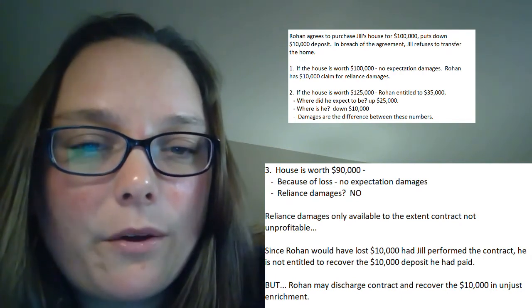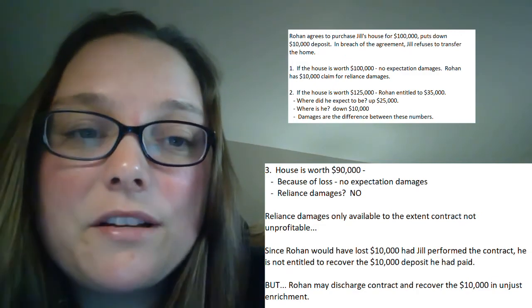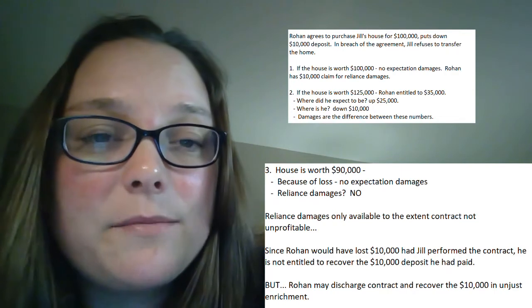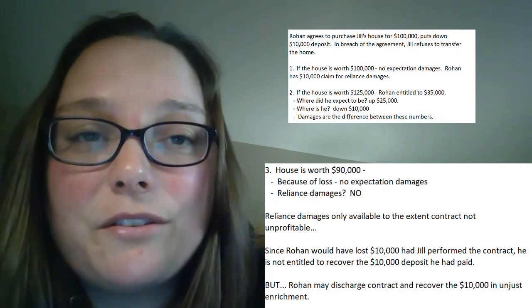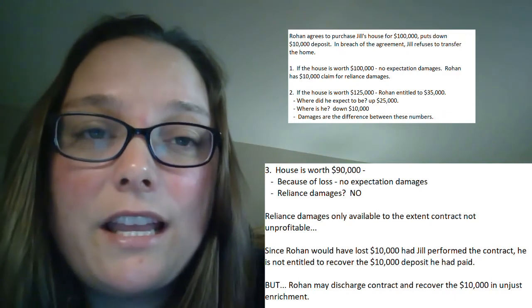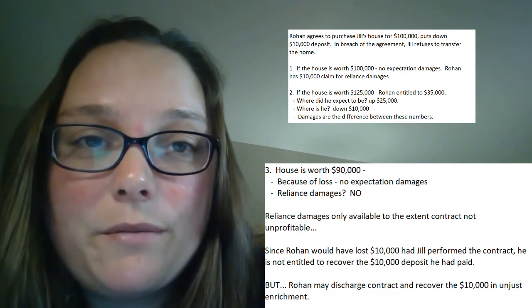It's different though in circumstance number 3, and that's because he has entered into a losing contract. He has entered into a contract that is unprofitable.